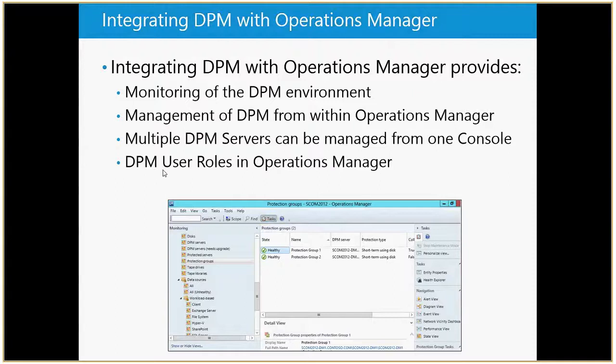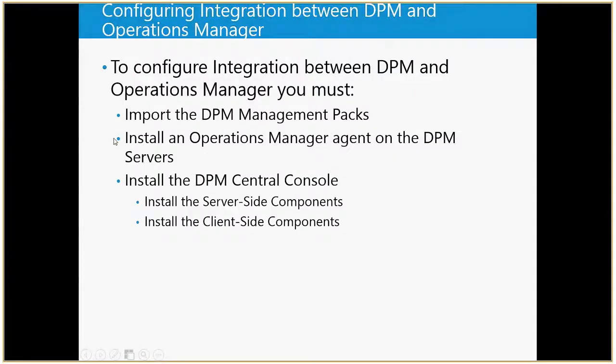Now, whenever you are configuring integration between DPM and Ops Manager, you should deploy the Ops Manager agent to these servers. After you've deployed the Ops Manager agent, just import the Data Protection Manager management packs into Operations Manager, and then install the central console. Whenever you install the central console, you have the option to install the server-side components. Typically, you have to install these components on your Ops Manager management servers, or you can install the client-side components.